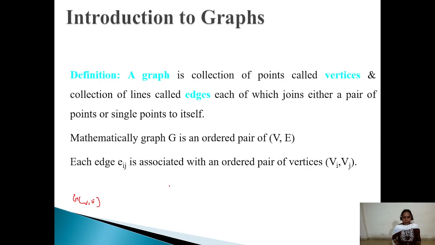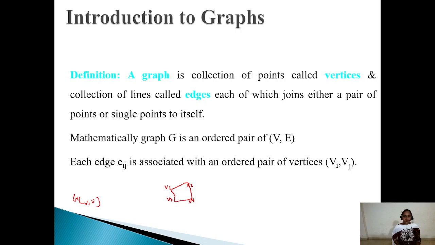See one example. This is one vertex, and another, and another, and another. So, 4 vertices. V1 to V2 is one edge. V2 to V4 is one edge. V4 to V3 is one edge.